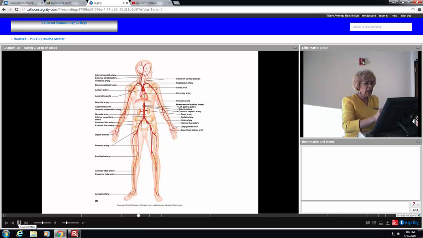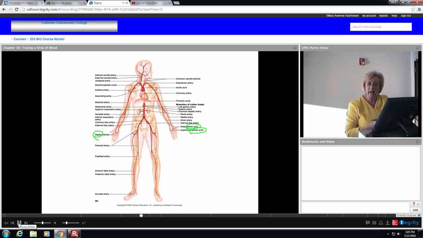And there's lots of vessels that branch down in the hands. Palmar is what I see right here. And then when they get into the fingers, they're called digital. We're not worried about you tracing specific vessels down in the hands. But what I am going to do is practice going down the arm, going up the head in a minute.